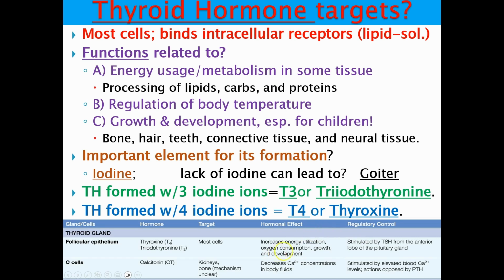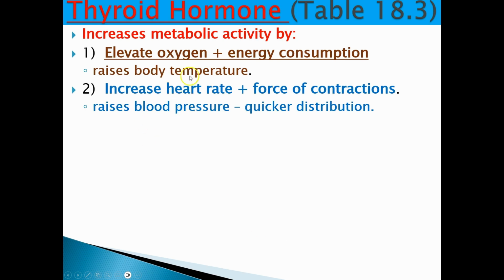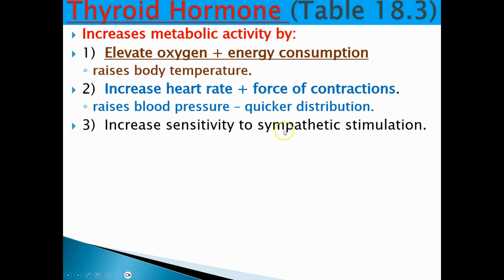And if you notice, increases energy utilization, oxygen consumption, growth, and development. So basically all these things are doing that. Increases heart rate and force of contractions, i.e. increasing distribution. All right, so we know sympathetic activity is often associated with increased activity. Well, that means increased breathing rate, increased heart rate, etc. Increases sensitivity to sympathetic stimulation.